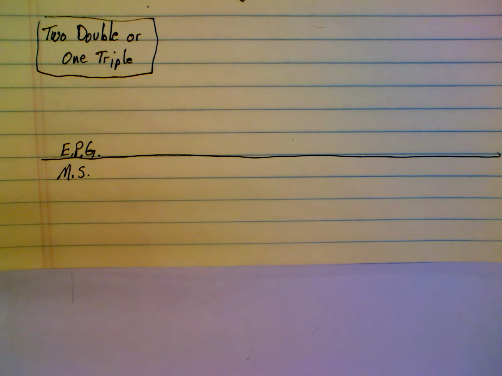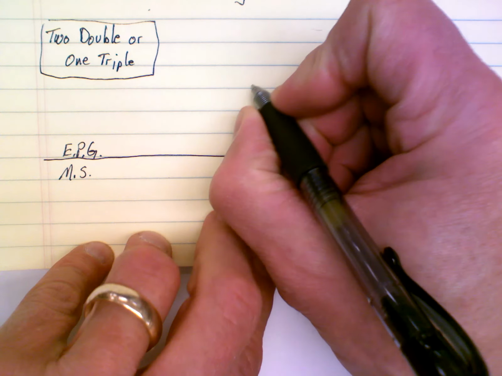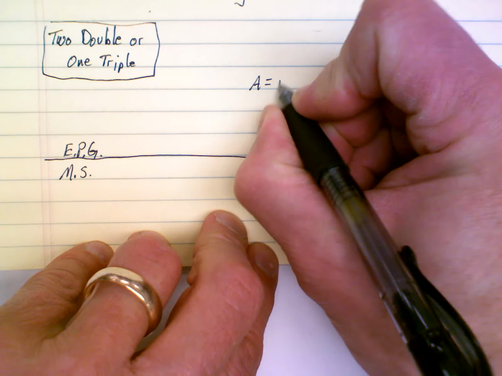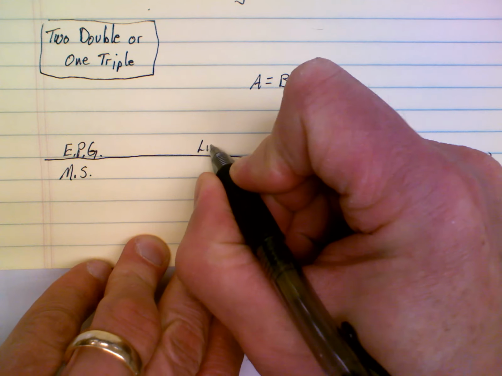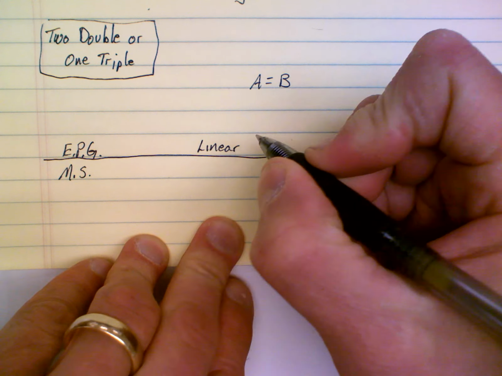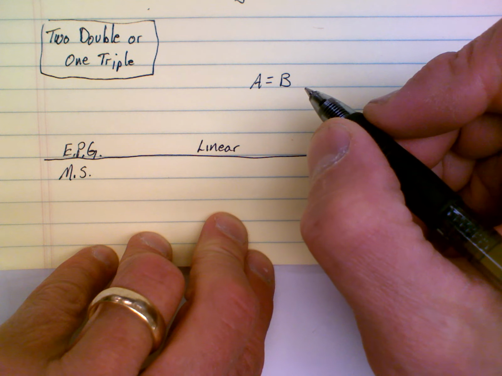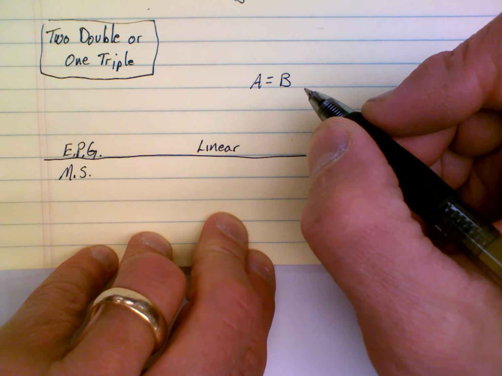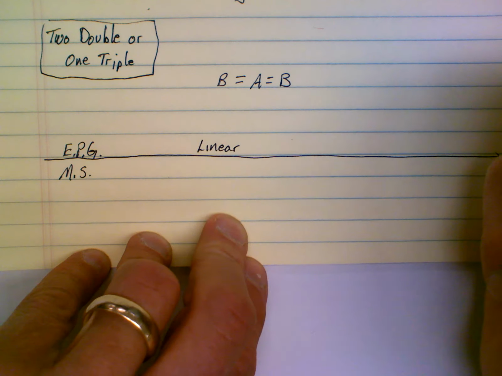So let's just consider again a double bond. Let's say A double bonded to B. It's going to be linear. I'm sorry, with another B atom in there.